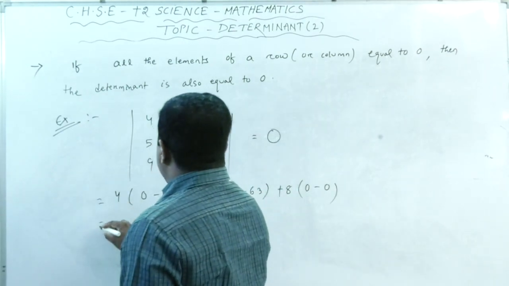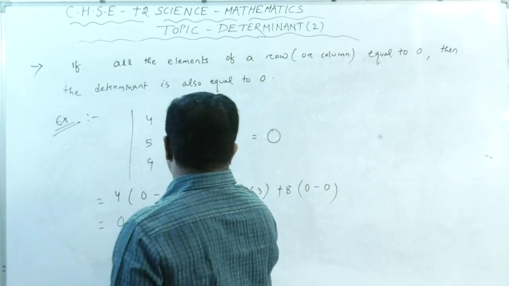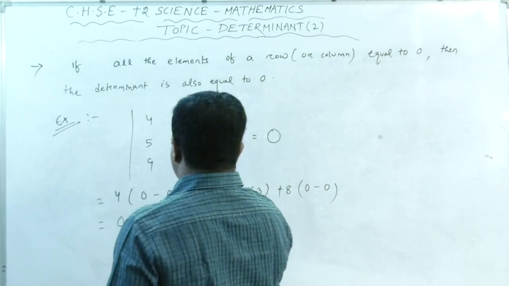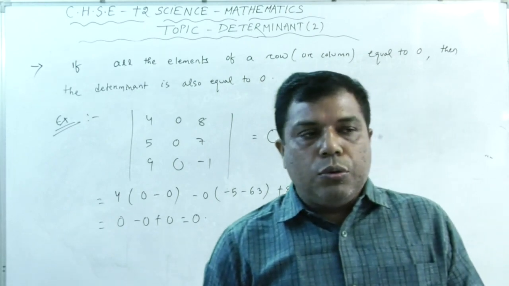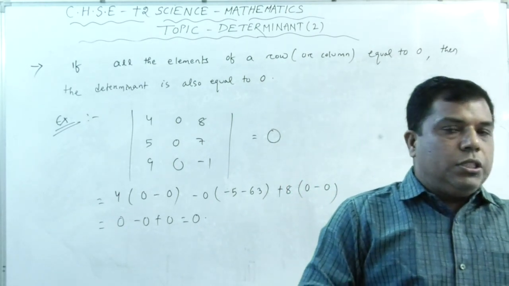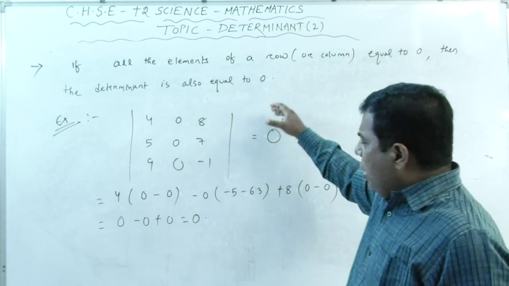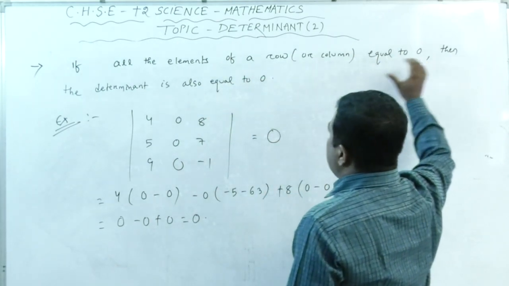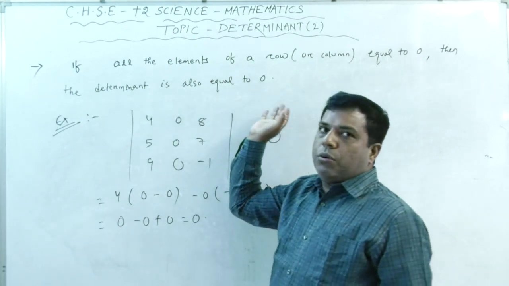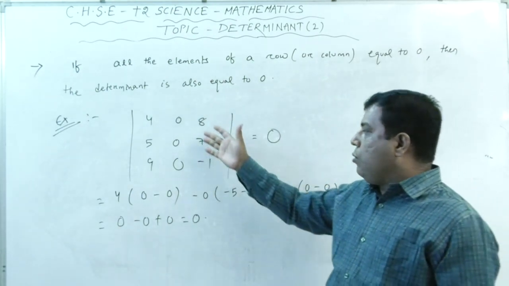Okay, so this value is equal to, this is 0, this is 0 and this is also 0. So the total value is 0. So with this I hope you are able to know that the determinant value is 0. You don't need to evaluate it. If all the elements of a row or column are equal to 0, the determinant value is also equal to 0. You don't need to evaluate it.